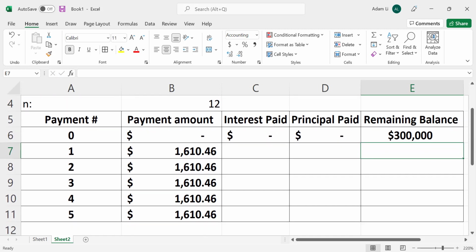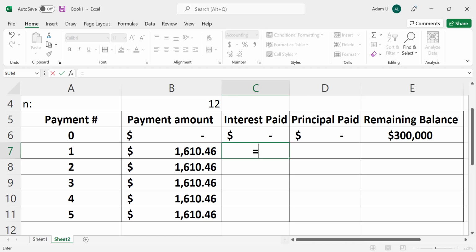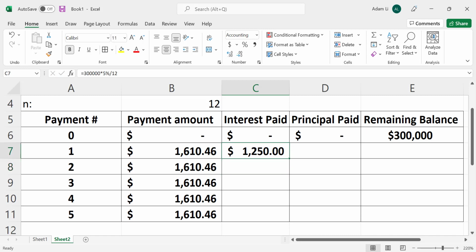So now, after paying the first payment, we can find out interest paid first. Interest is based on $300,000 because you're not paying anything yet. And then we are paying 5% by 12, that's monthly interest. So the interest paid in this payment is $1,250, but you're making $1,610.46.